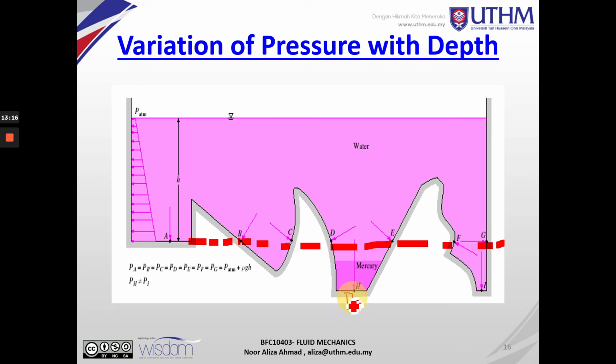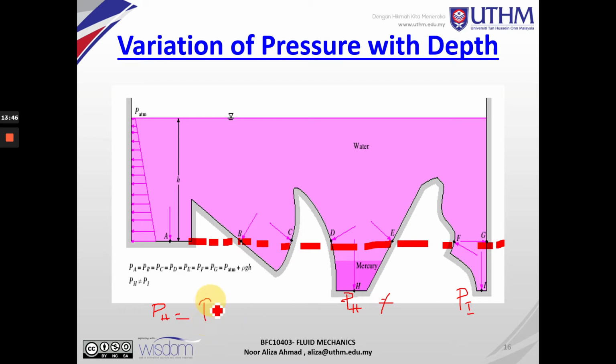But the pressure at H is not the same as the pressure at I. For PH, with this depth, we have the water depth plus the mercury depth.